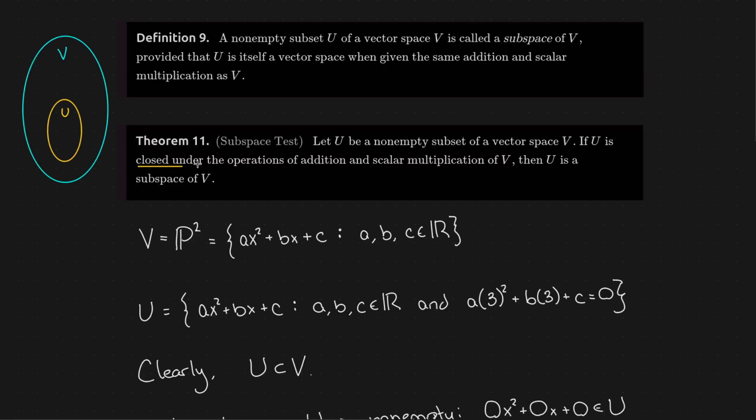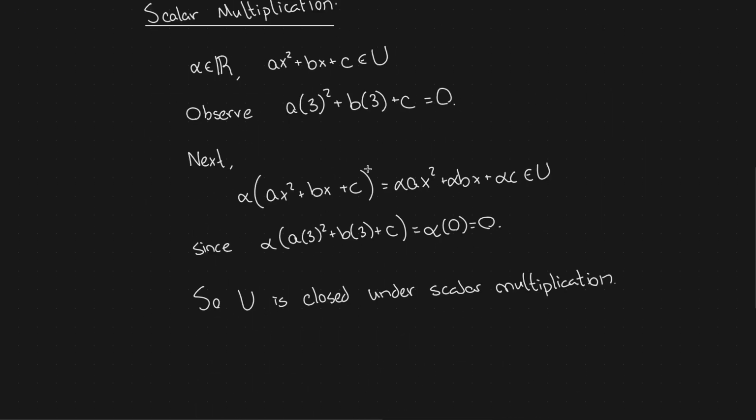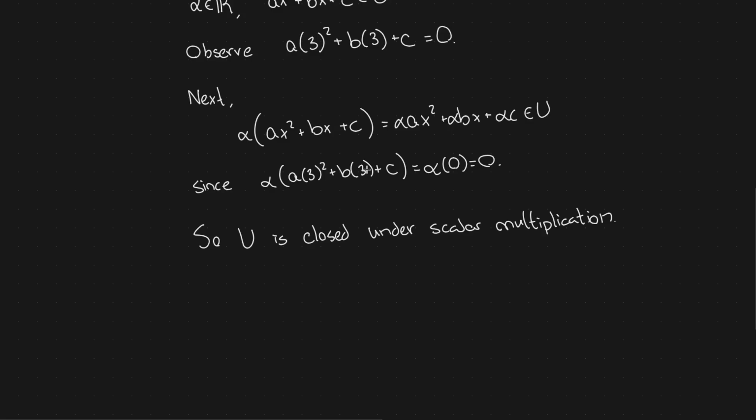I've checked that it is closed under scalar multiplication. Now I need to check that it's closed under addition. If I add two different polynomials, is the result still a polynomial within U? So let's check about addition.